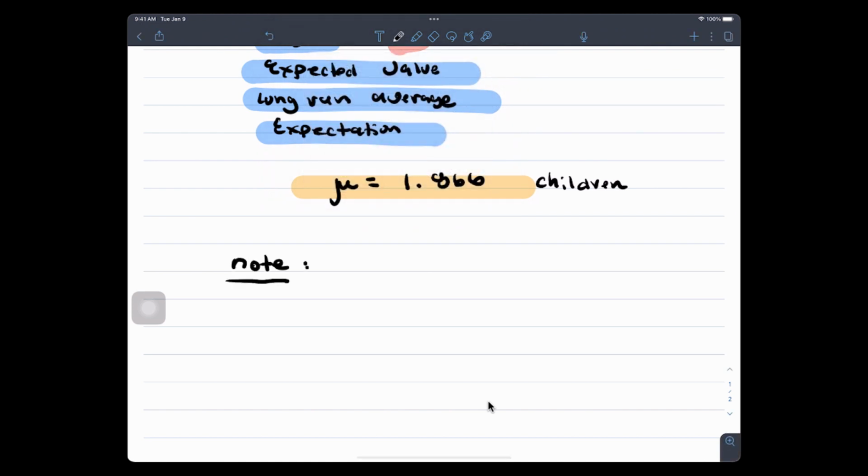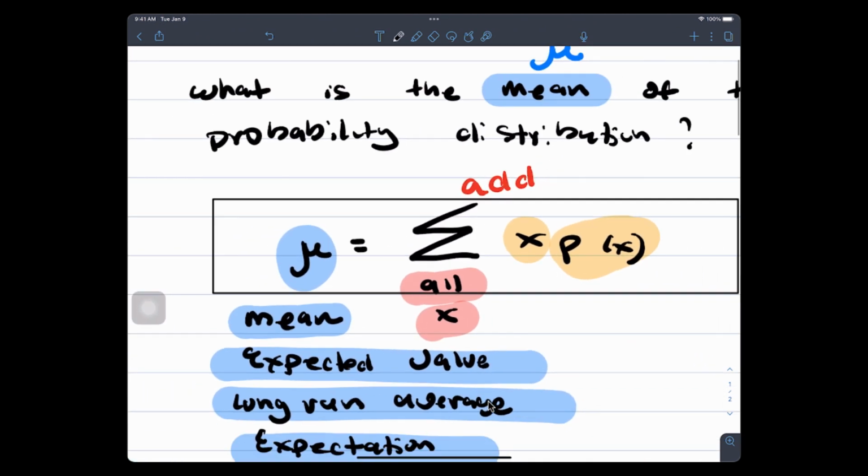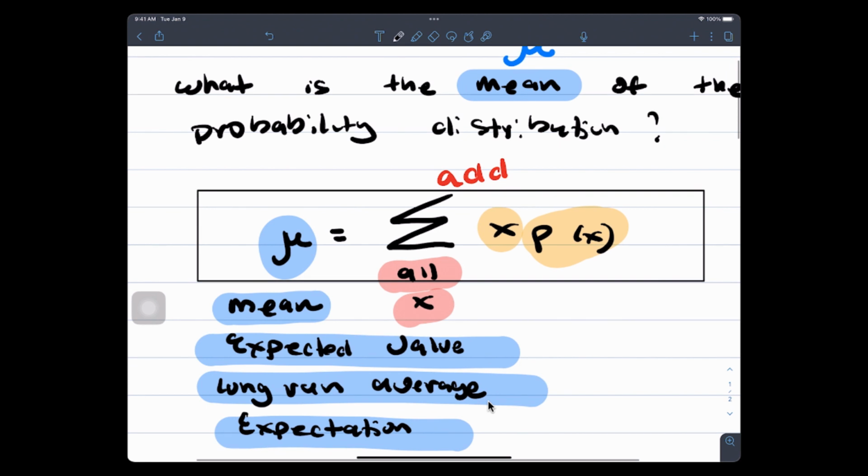Note, we can compute the variance of a distribution, represented by lowercase sigma squared, and the standard deviation of any distribution. We care about that too, the consistency. So not just the summary, but how consistent the data is. These are 2 other measures we're going to get back to with some formulas, but I'm going to focus on this here, the all-important definition.